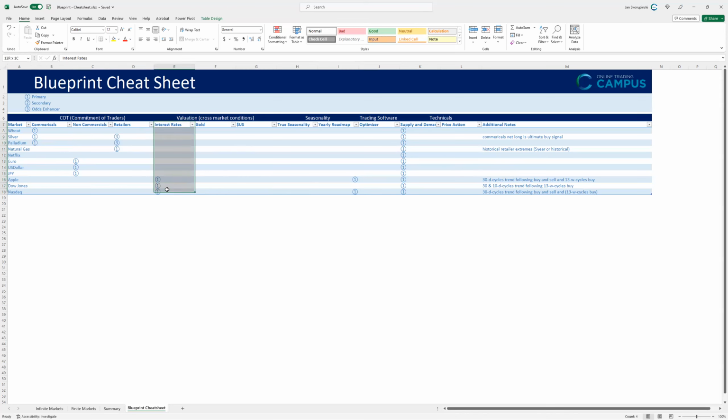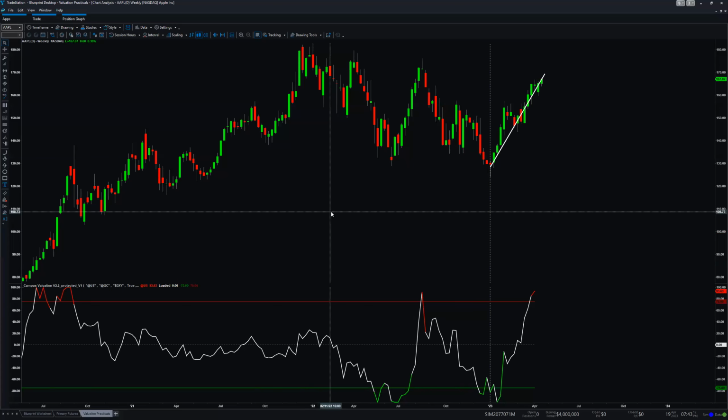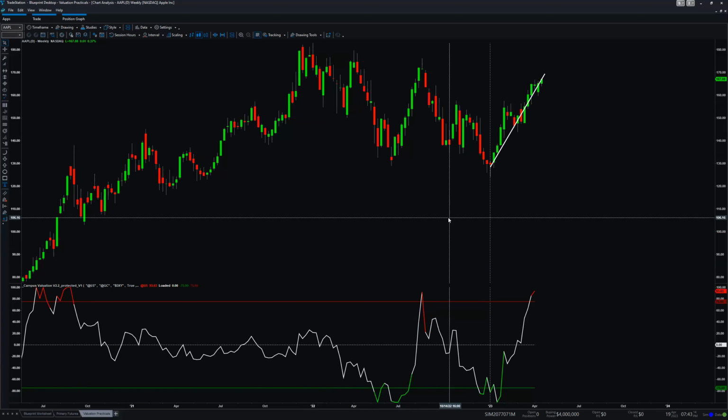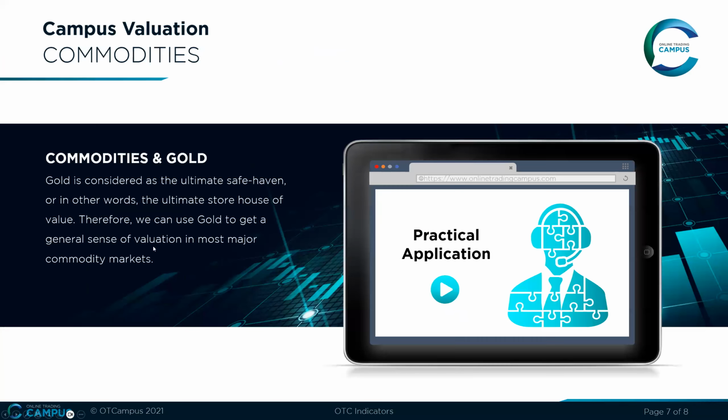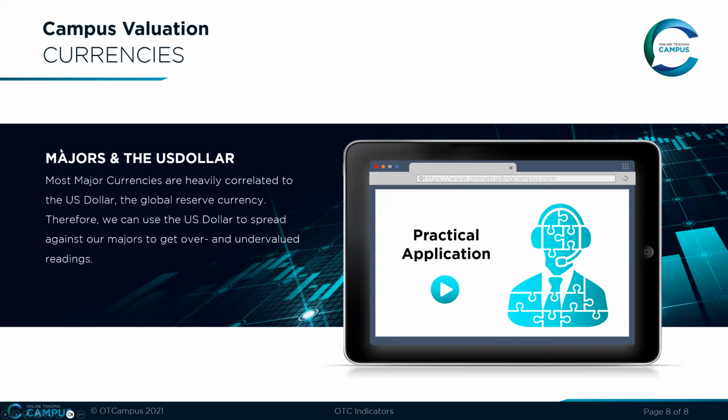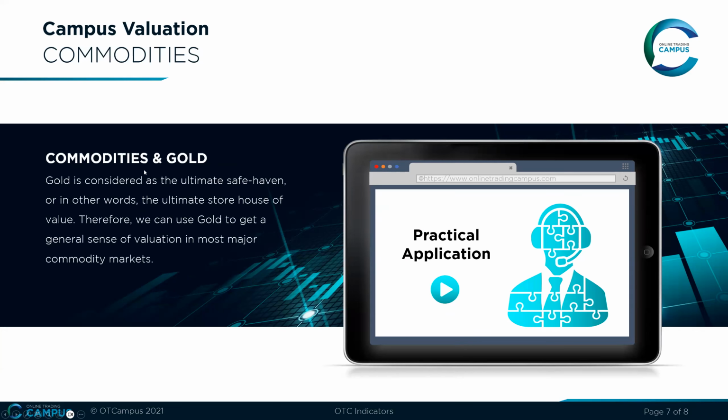So today we looked at interest rates and we looked at stocks versus bonds. Those will be our primary setup tools for our equity indices and stocks. Next time, we're going to look at commodities and gold, and we're going to look at Forex and the US dollar as well.